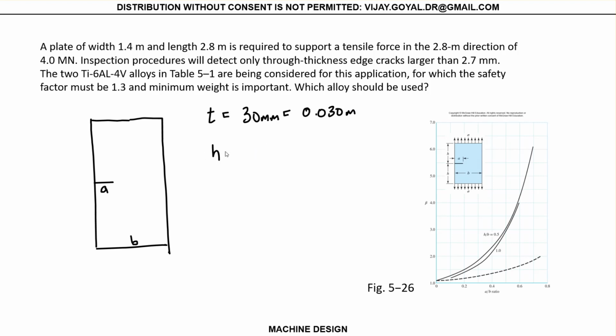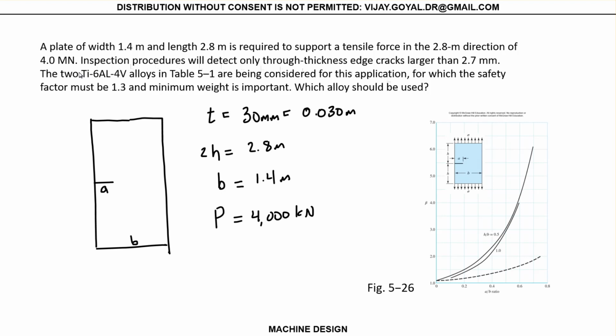You have a total height 2 times h of 2.8 meters. You have a width b, this is your b, is 1.4 meters. You have a P equal to 4,000 kilonewtons.